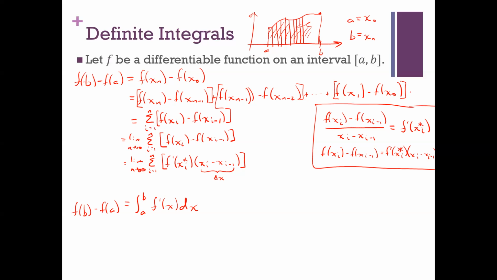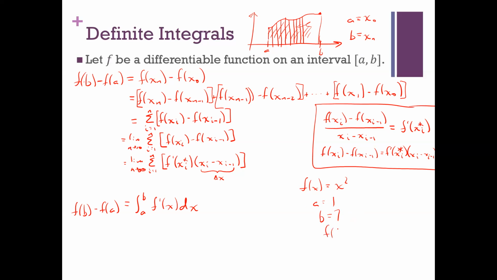Well, I'm not really talking about an area. Let me give an example here. What if f of x is equal to x squared, and a equals 1 and b equals 7?